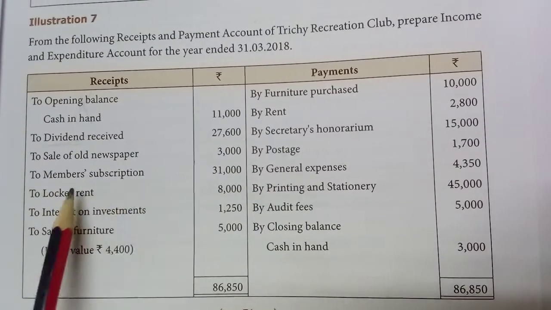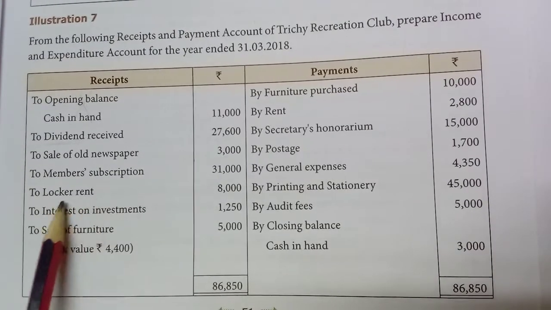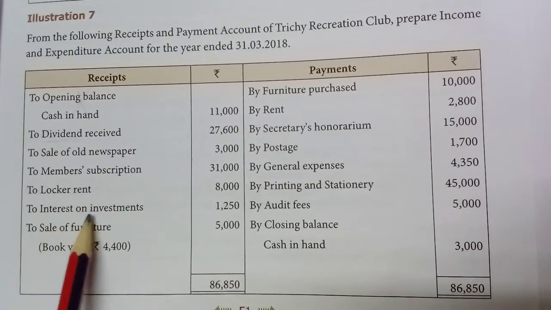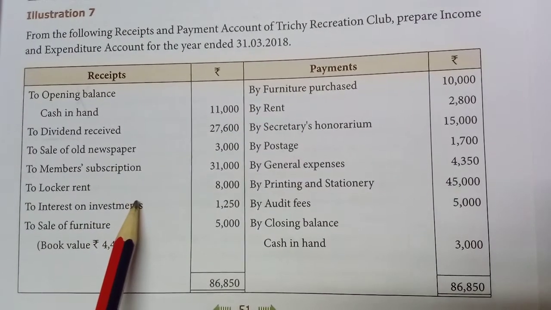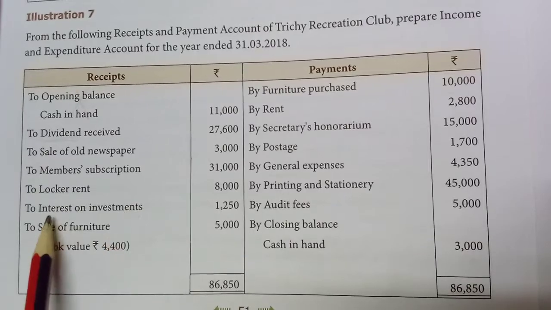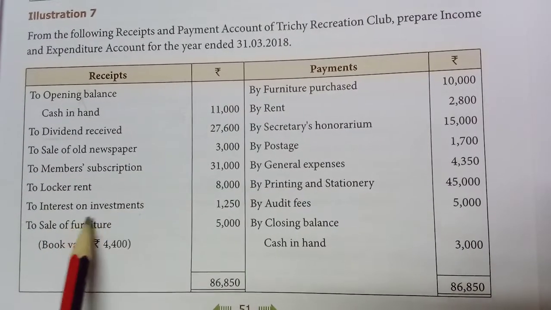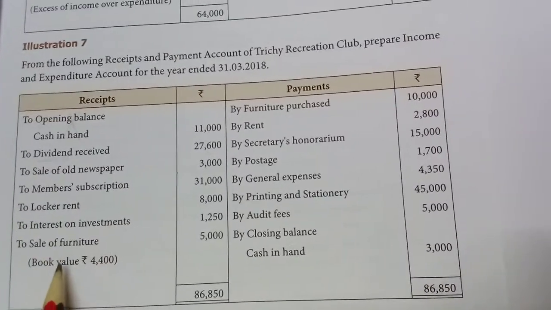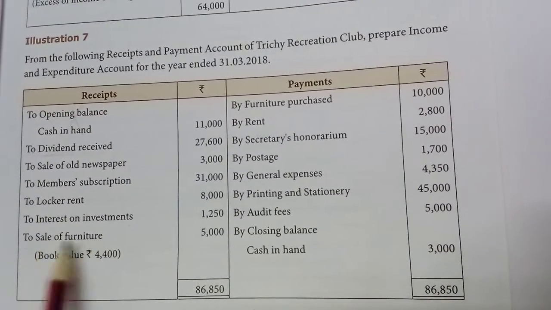Member subscription, locker rent and all we pay often, that is revenue. Then interest on investment. There we studied sale of investment, that will not come. But interest on investment we receive monthly or yearly, so that is recurring. We can include it. Then sale of furniture should not be taken.